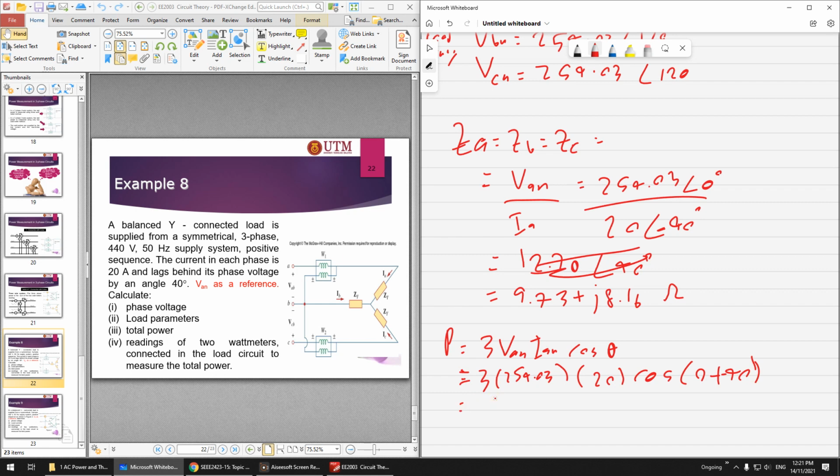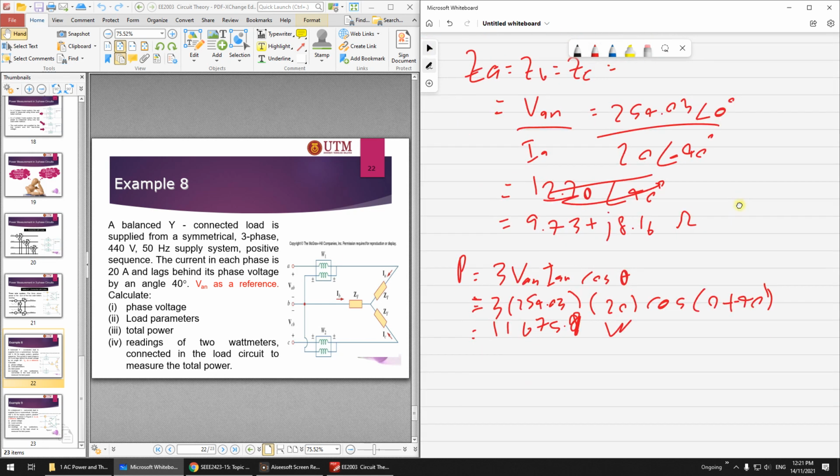So 3 multiplied by 254.03 multiplied by 20 cos 40. So you get the total power is 11675.80. And how about the reading of 2 wattmeter method?